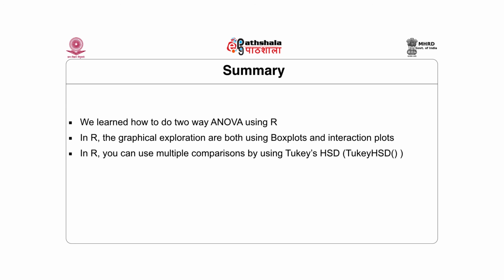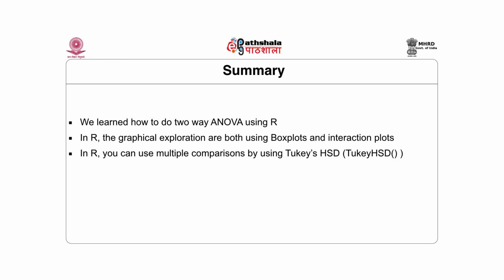When you've got a continuous outcome variable and a combination of a continuous explanatory variable and a categorical explanatory variable, then you will be using what is known as analysis of covariance, or ANCOVA. But in both cases, the basic formulation of the regression model will remain the same.